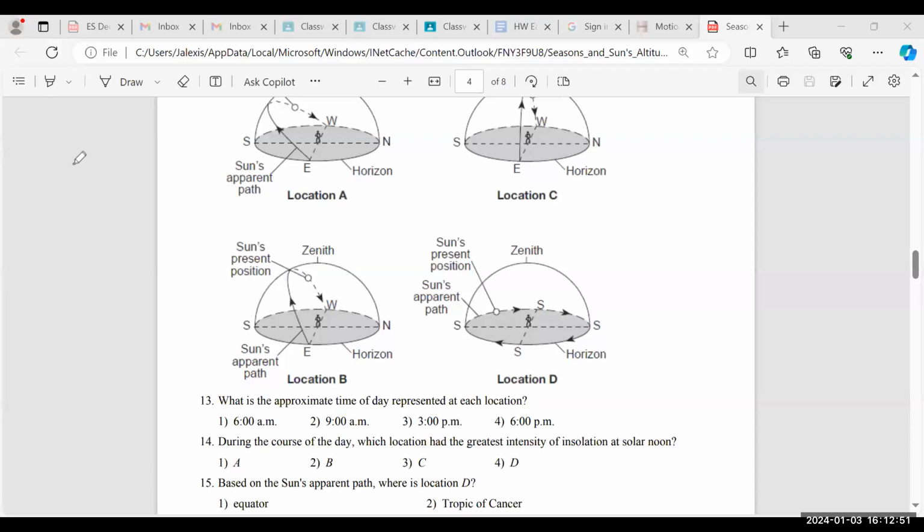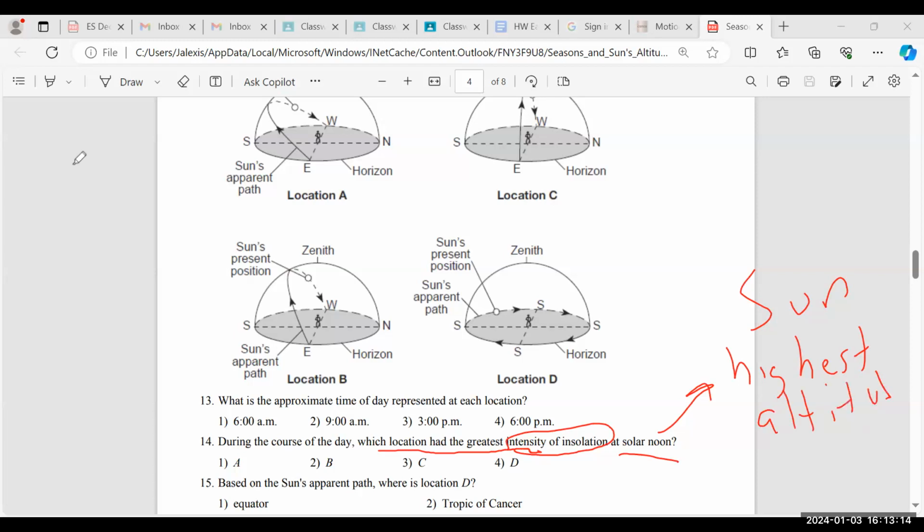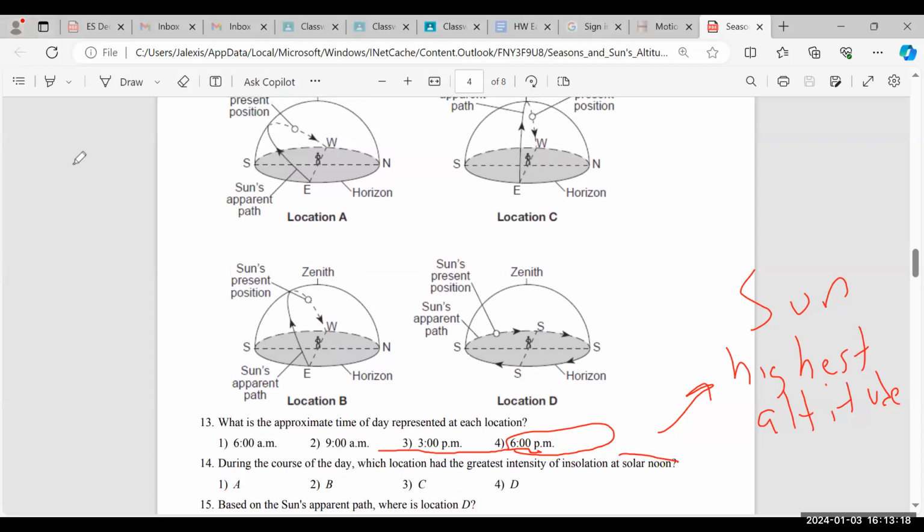All right, number 14. It says, during the course of the day, which location had the greatest intensity of insolation at solar noon? At solar noon is when the sun is at its highest point, the sun's highest altitude.